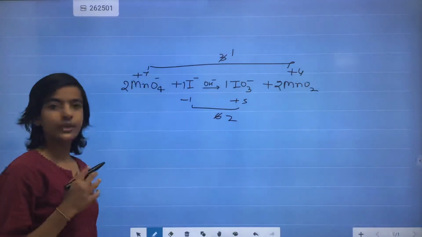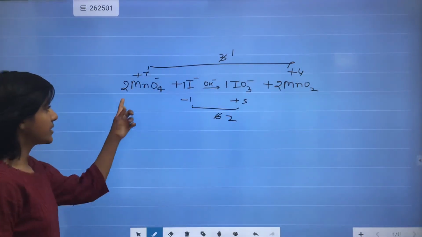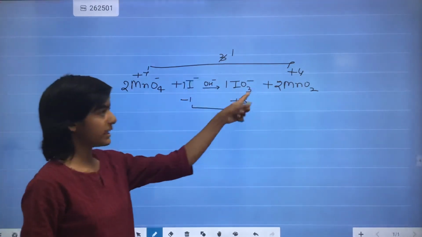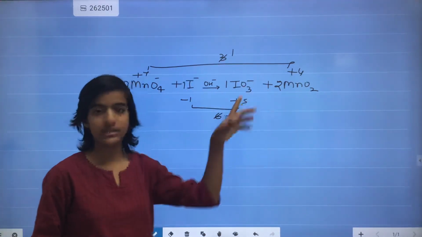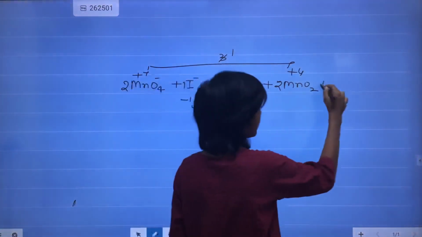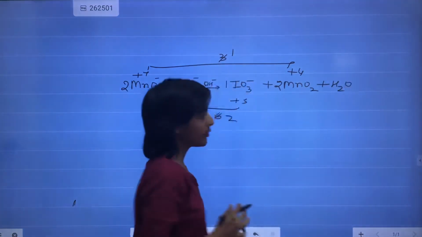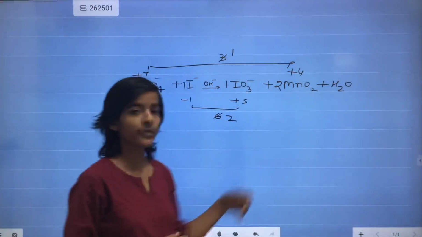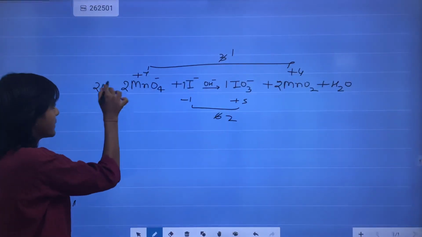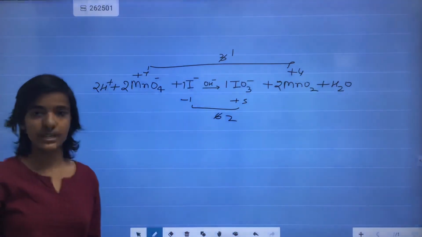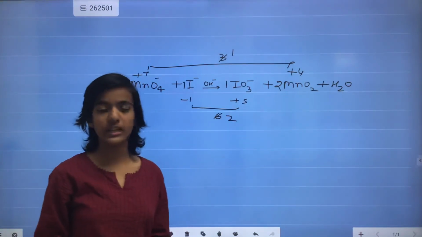And if you talk about the oxygen, here it is 4 into 2, 8, and here are 3 and 4, which is 7. So we only add 1 H2O. Then we talk about hydrogen. Here the hydrogen is 2, so we will add 2 H plus over here. And as the medium is basic, we will add OH minus on both sides equal to the H plus.